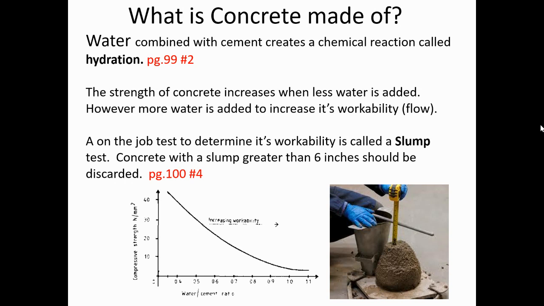So when you get concrete on a job site, you have to mix the concrete up according to the recipe. And in the bottom right-hand corner, you can see it's like a megaphone, maybe like an old-time cheerleader would use.